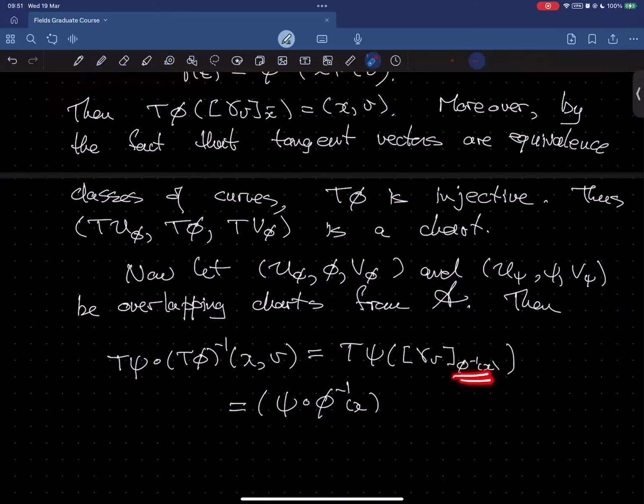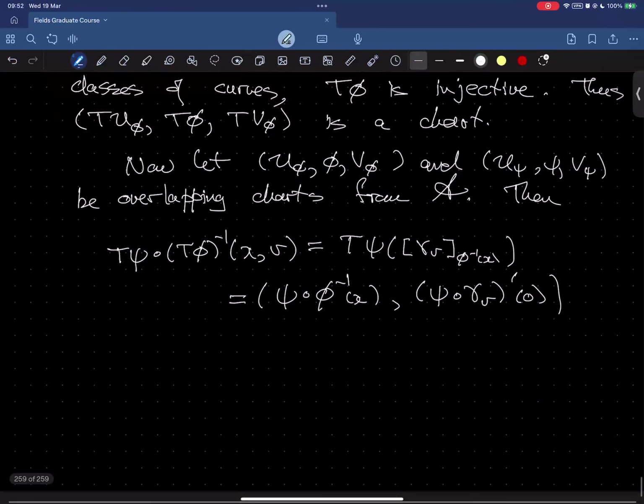So I apply psi to the point at which the tangent vector resides. And then I go, psi composed with gamma v prime at 0. So this is what it is.